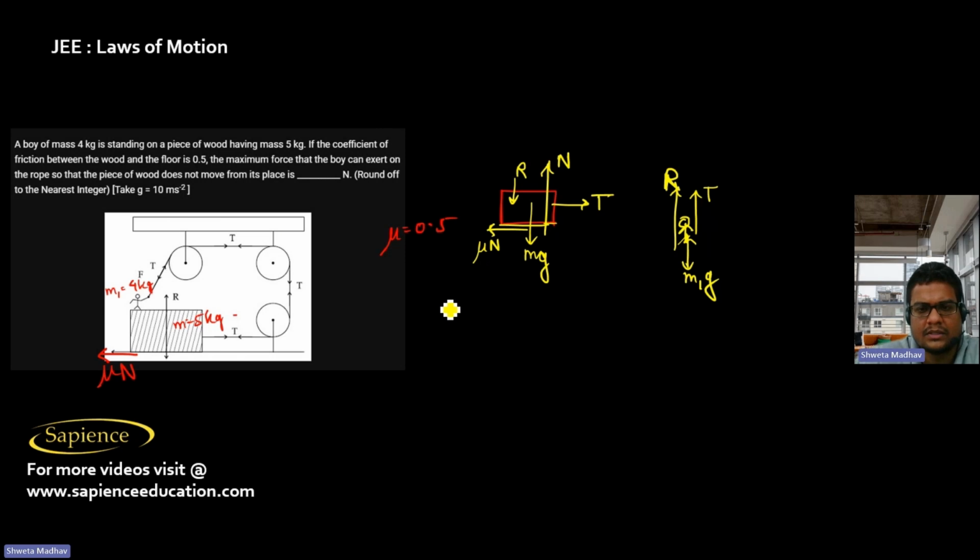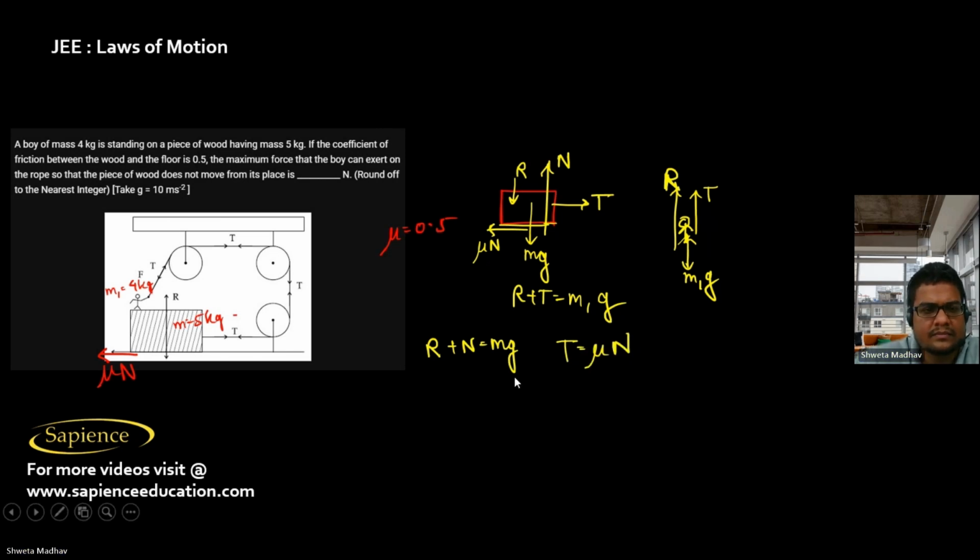So now we can say that R plus T is equal to m1 g, and R plus N is equal to mg, and T equals mu N. So R plus T is equal to 40, and R plus N is equal to 50.